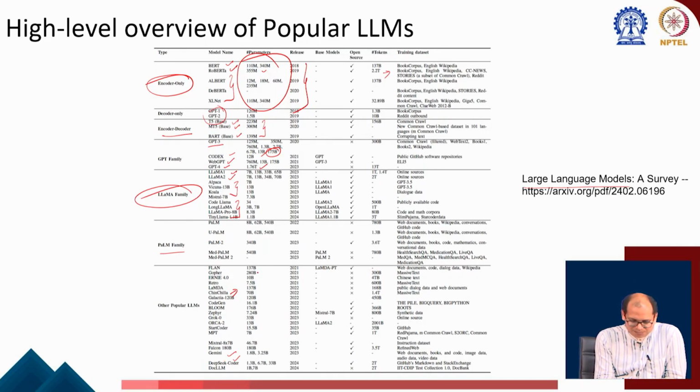Gopher is 280 billion parameters, BLOOM is 176 billion parameters, LaMDA 137 billion parameters. You can see the base model on which they are built, and so on. These are some of the popular LLMs, which include both closed and open models, and there are many ways you can categorize these. So let's see what the different ways are to categorize an LLM.